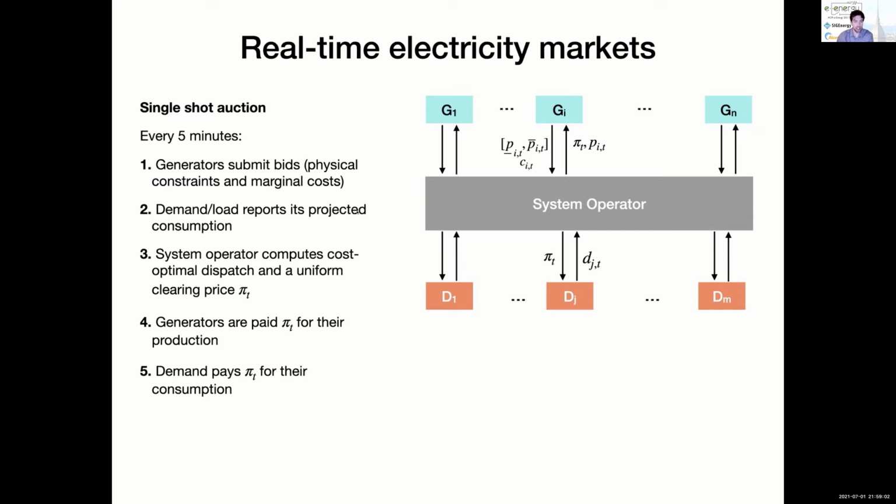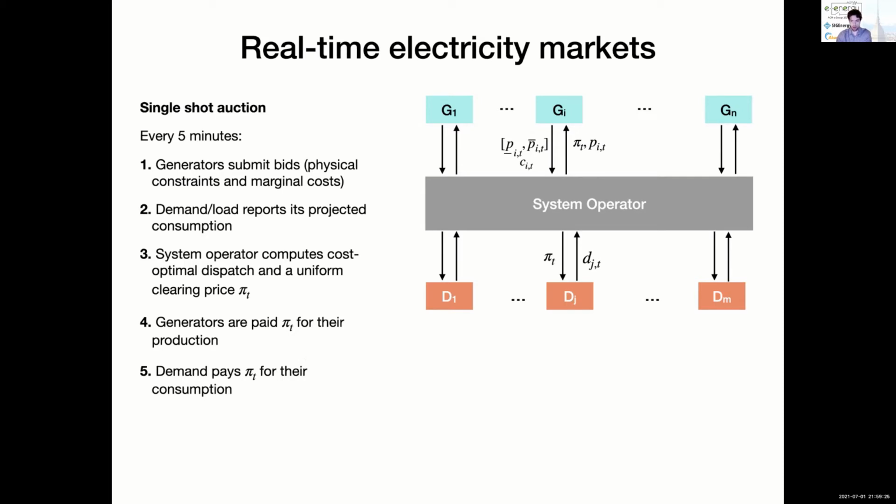In reality, it's more forecast than reported, but there's at least a mechanism for demand to report its projected consumption. And the system operator solves an optimization problem, computes an optimal dispatch and a uniform clearing price pi. The generators are paid pi, and the demand pays pi for their consumption.